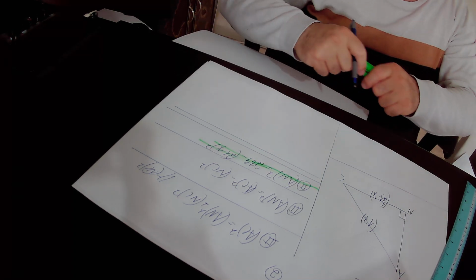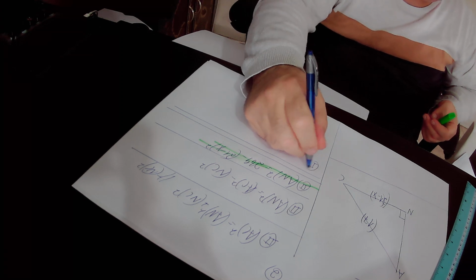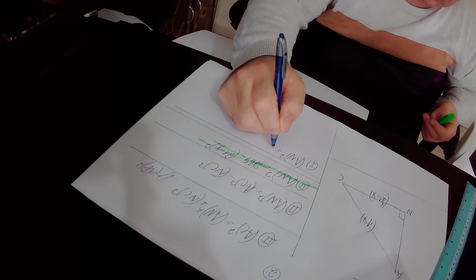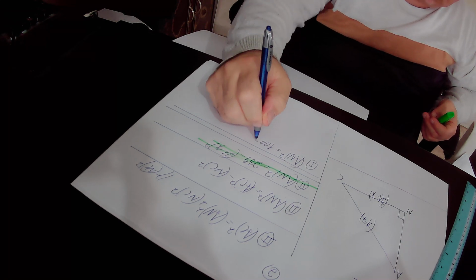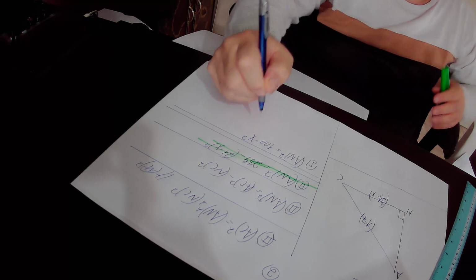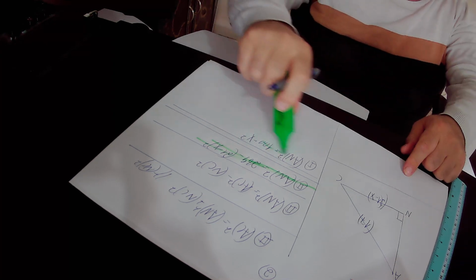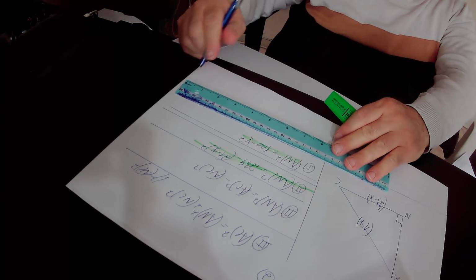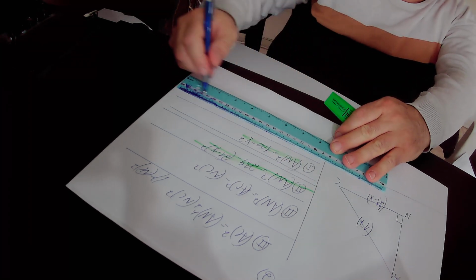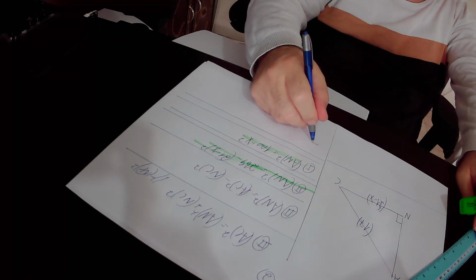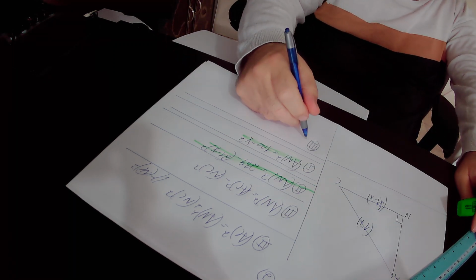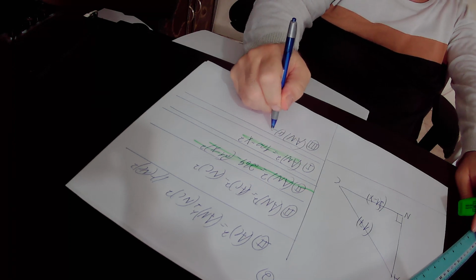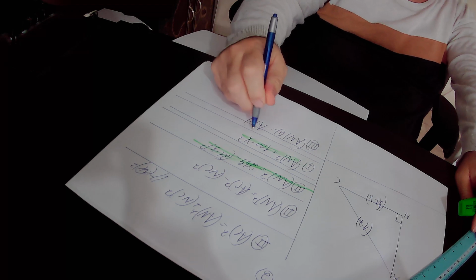But according to equation 1, we've already found out that AN square equals 100 minus x squared. So we have two different equations for the value of AN square. Therefore, we create equation 3, which states that AN square according to equation 1 must be equal to AN square according to equation 2.